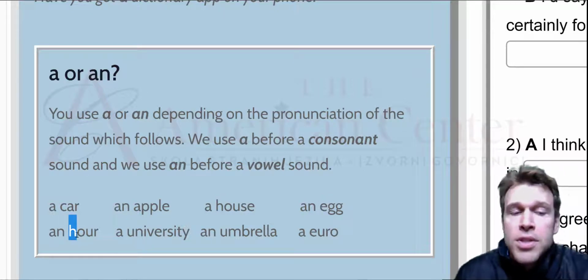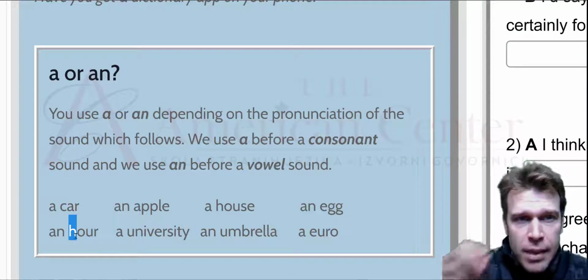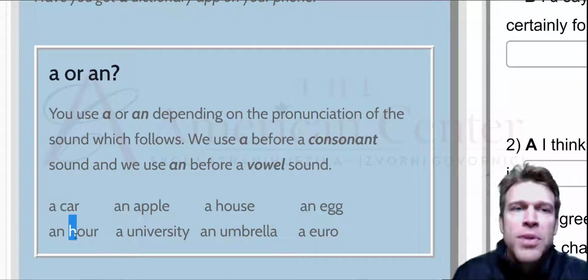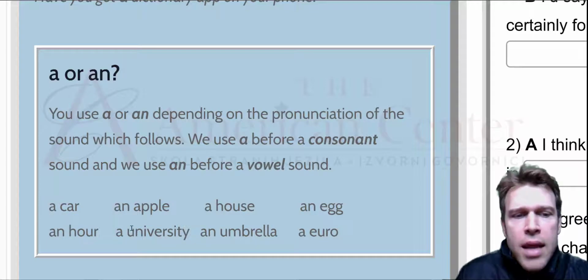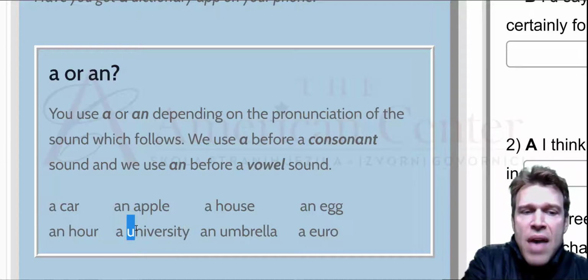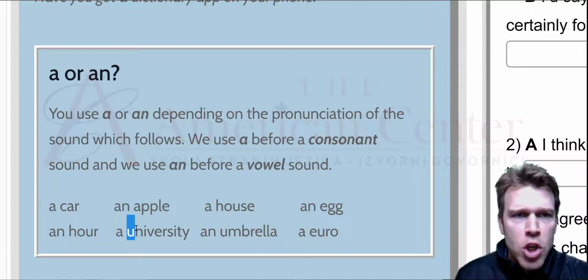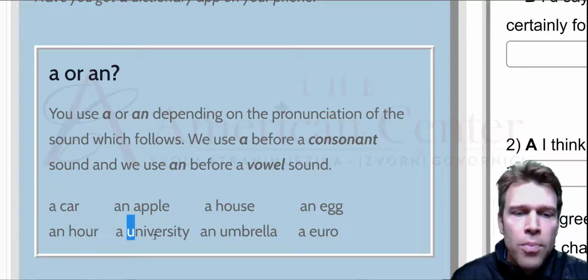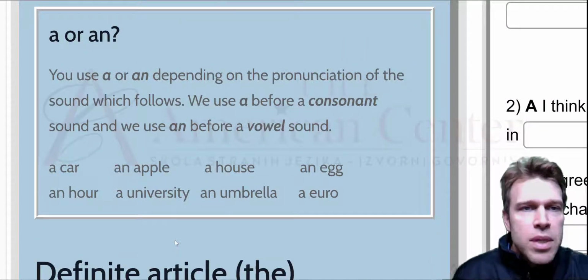Hour. Here's why we don't go by the spelling, because hour is spelled with a consonant, but its sound is vowel. Hour. Okay? And contrarily, here we have a vowel, but it sounds like a consonant. Okay? Like epsilon. So that's the rule. It's based on the sound, not the spelling.